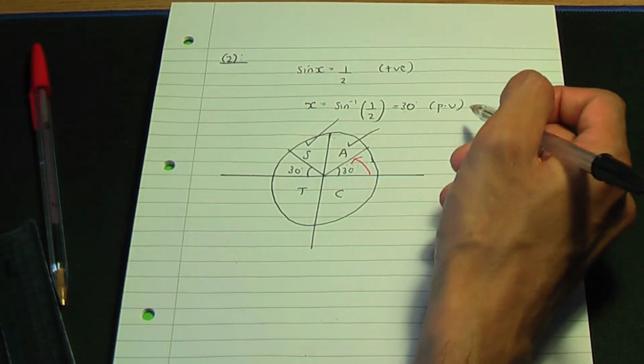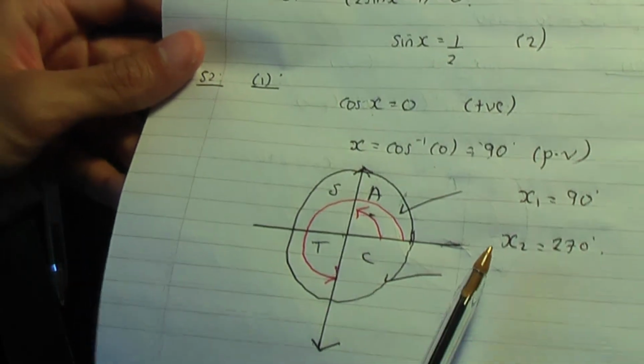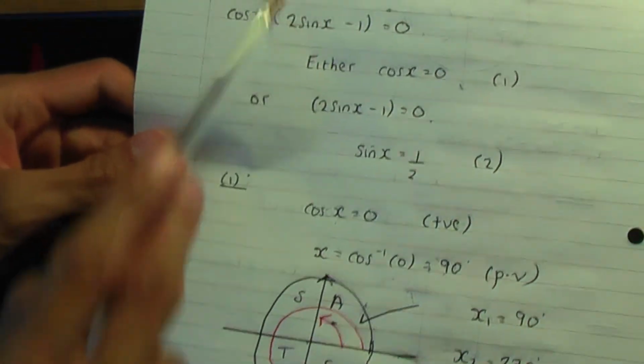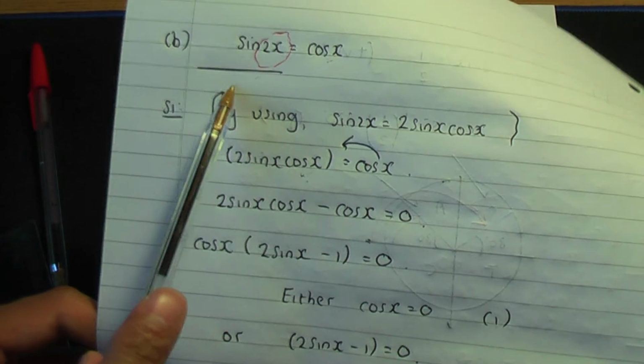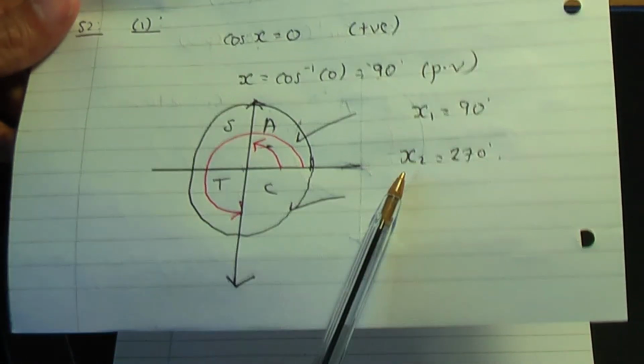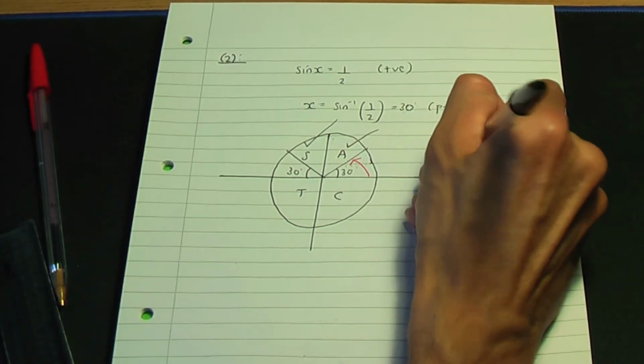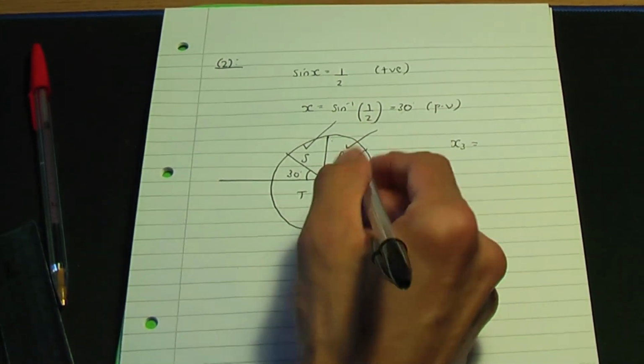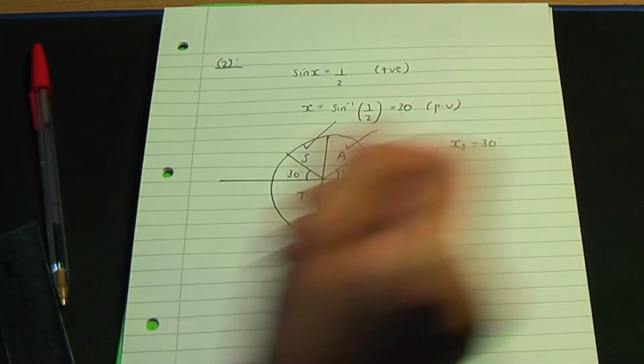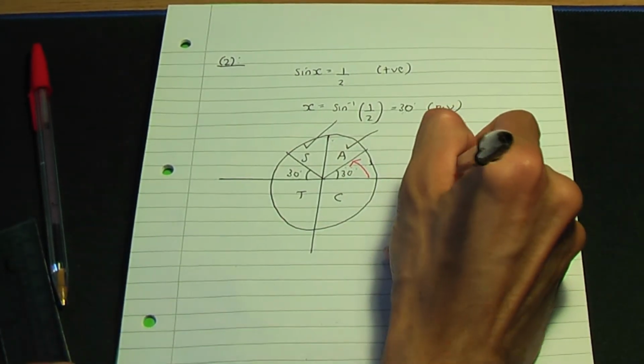I've named the last solution x2, and remember all of these solutions are solutions to one equation. So I'm going to continue from x2 and name this solution x3. x3 is going to be 30 degrees with the help of this CAST diagram.